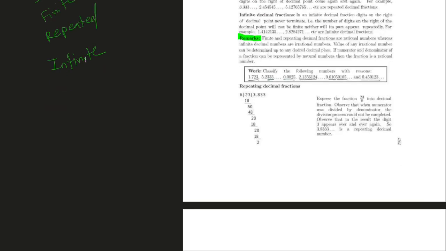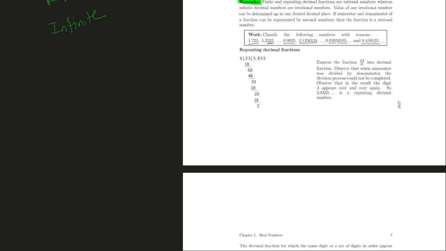I think we reviewed this, and here's a remark which says that finite and repeating decimal fractions are rational numbers, whereas infinite decimal fractions, so we talked about this also, values of any irrational numbers can be determined up to any desired decimal place if numerator and denominator of a fraction can be represented by a natural number, then the fraction is a rational number.